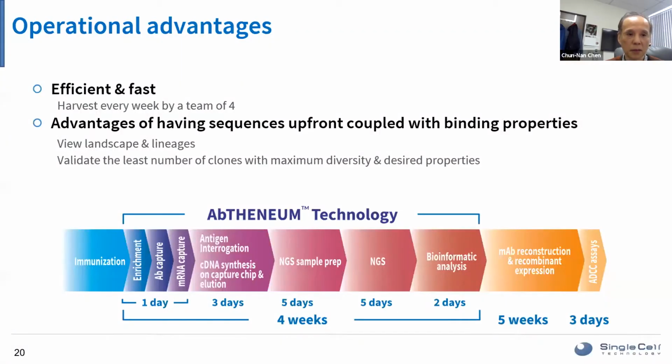And here are the operational advantages: because everything is done in parallel and at the micro scale, you really don't need a big team to do that. In fact, we're able to do a particular run, doing the harvest on a Tuesday, for example. So after immunization, this is typically done on a Tuesday.